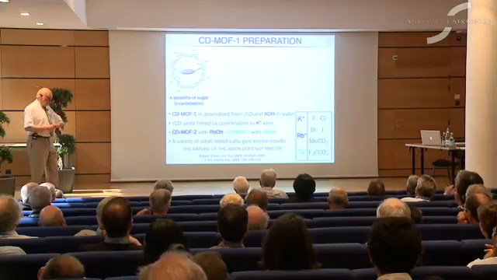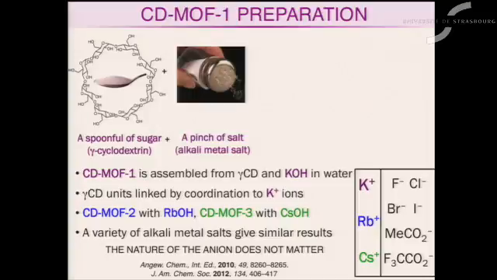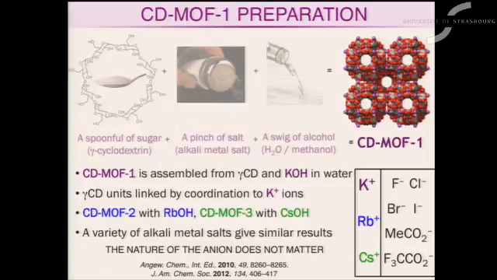Okay, so I'm going around the world preaching, without giving much thought to it, that it doesn't matter a damn what the anion is. It could be fluoride, chloride, bromide, iodide, acetate, trifluoroacetate, you name it. It doesn't matter. That we'll get CD-MOF 1.